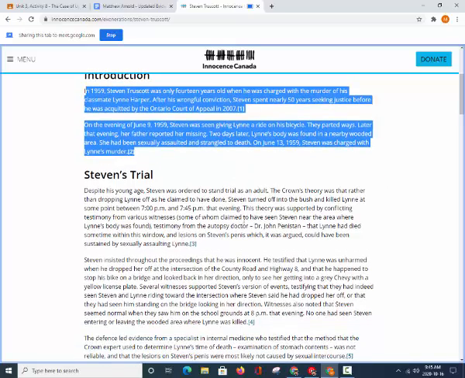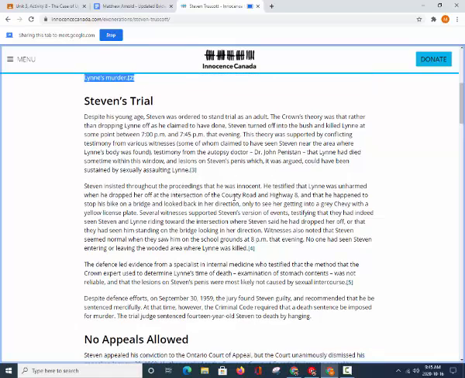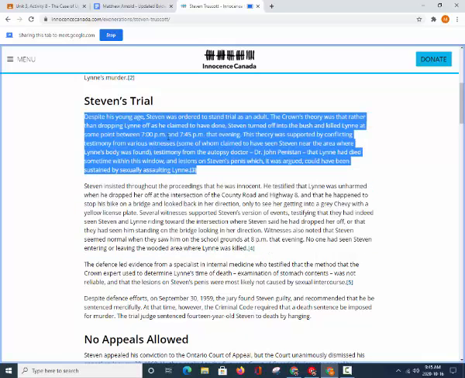There you will also find details of the case in the trial section. Here and here. So you are to summarize, give your audience an idea of what the case was.